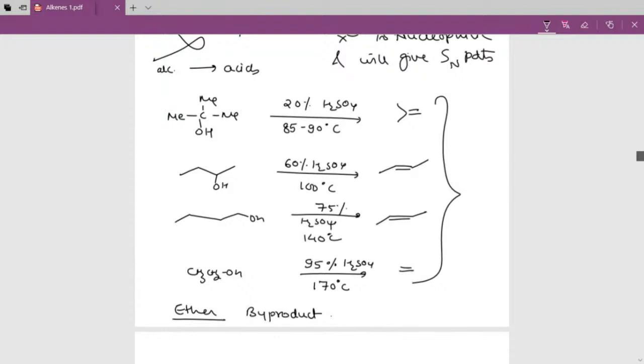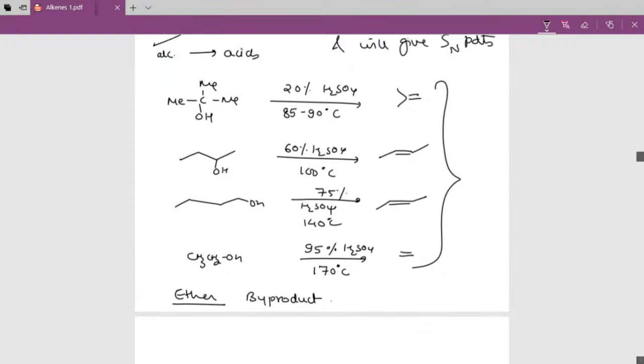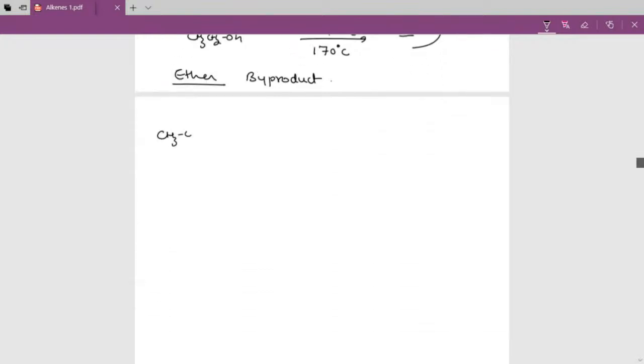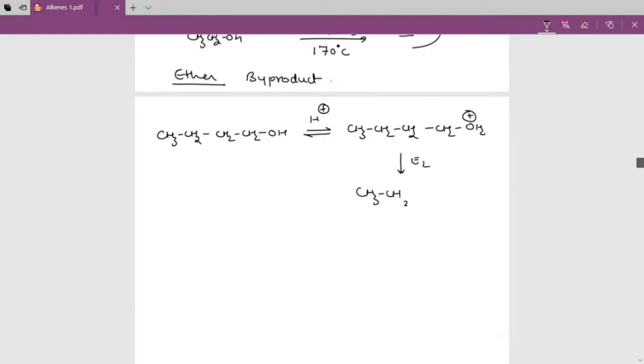Now I have really skipped till now how the 1 degree alcohols could have given us this type of rearranged products. Okay, so as it is phase 2, I expect some of you still remember. Butan-1-ol: when I take H plus, I'm just going to use the term E2 here, giving OH2 plus. Now this goes by E2 and CH3-CH2-CH=CH2 is formed.